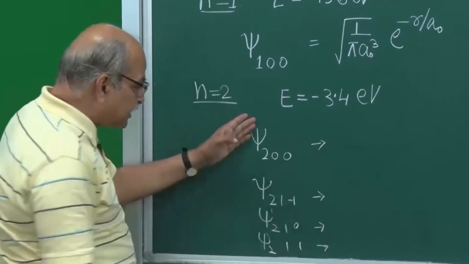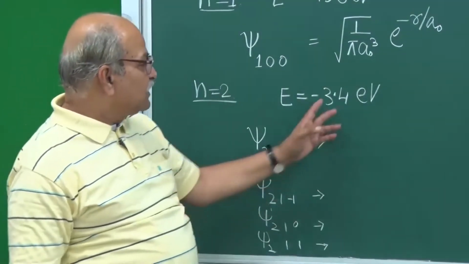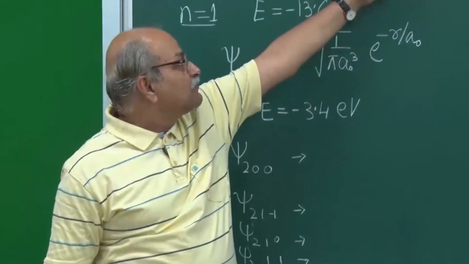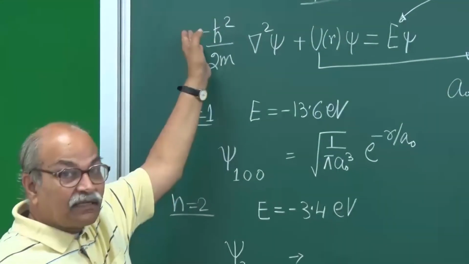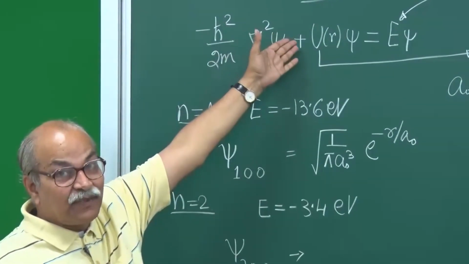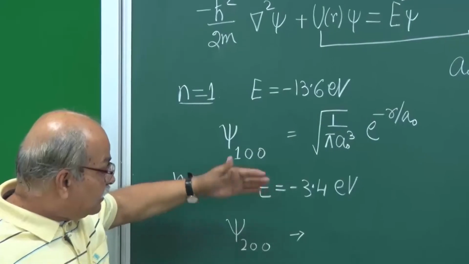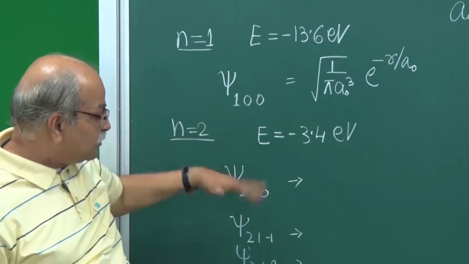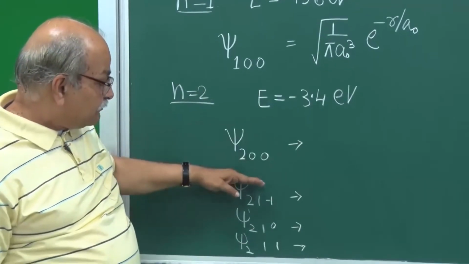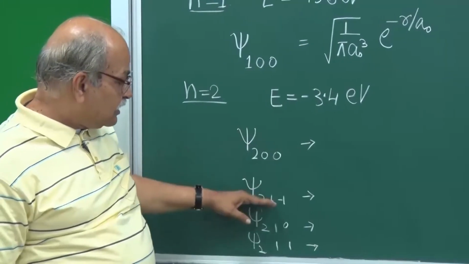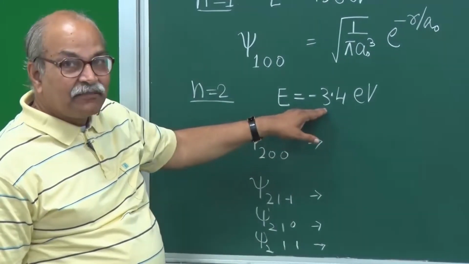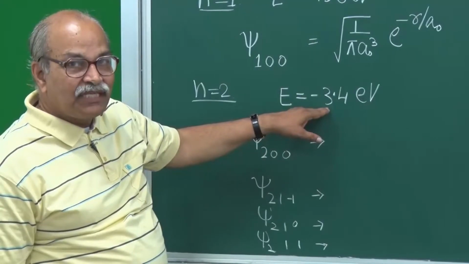There are 4 different functional forms, and with the same energy minus 3.4 eV, they are solutions of this equation. So we have 4 allowed functional forms, independent of each other, all corresponding to the same energy minus 3.4 eV.